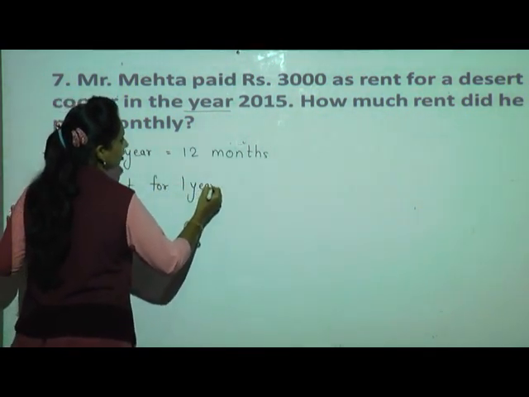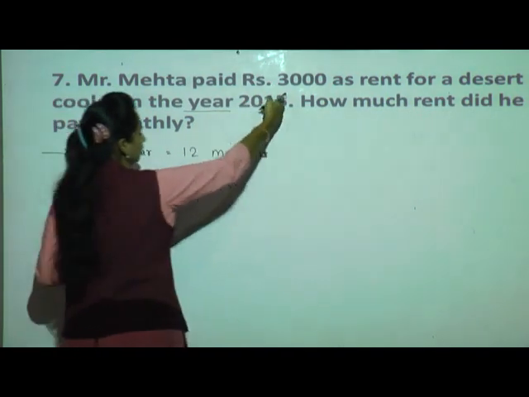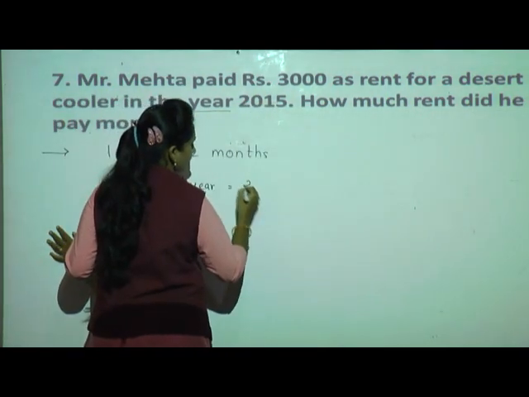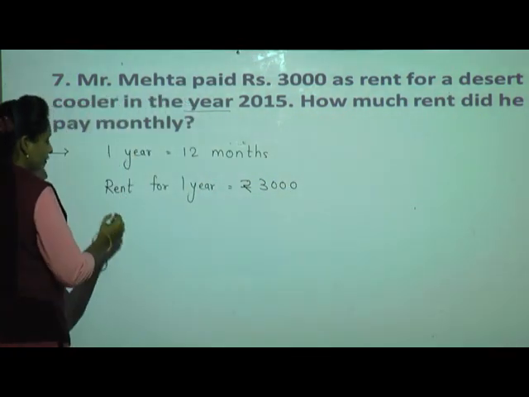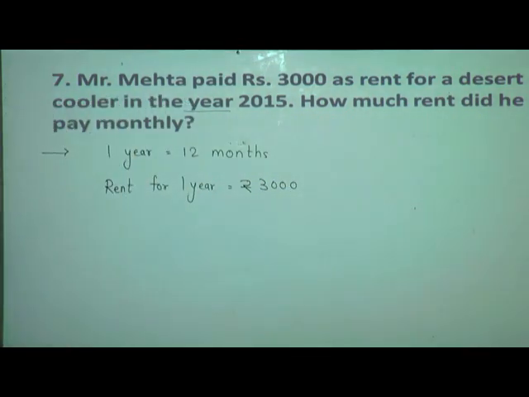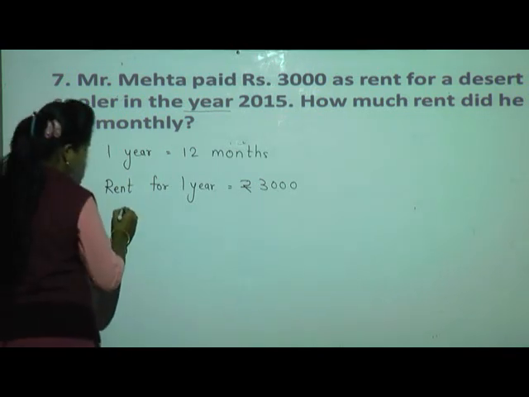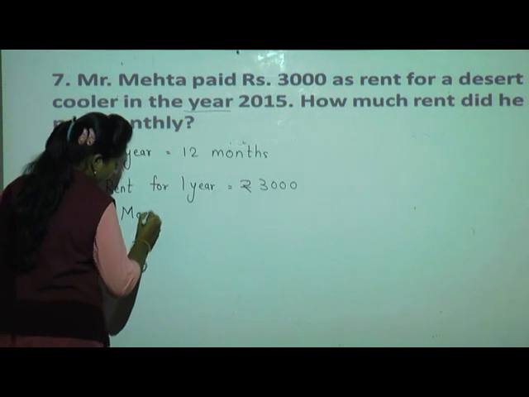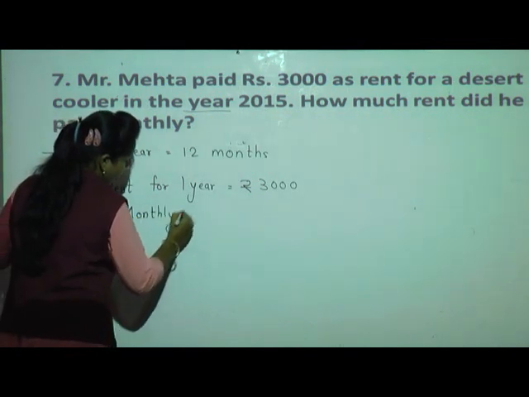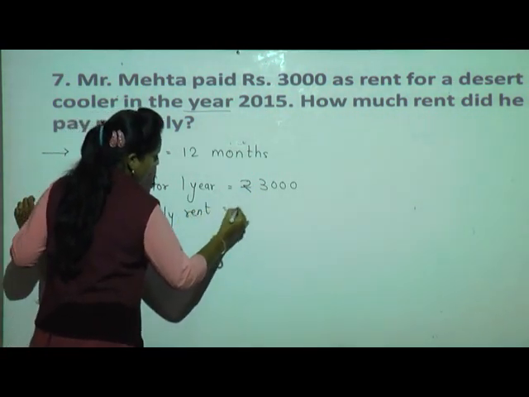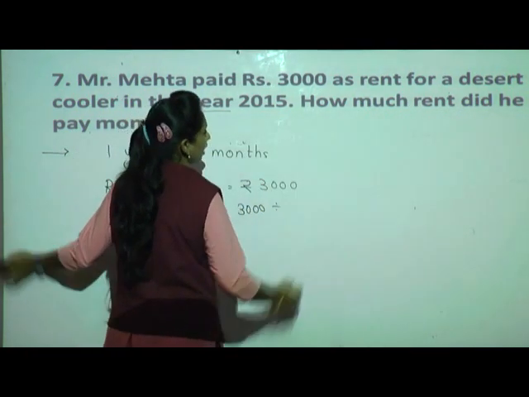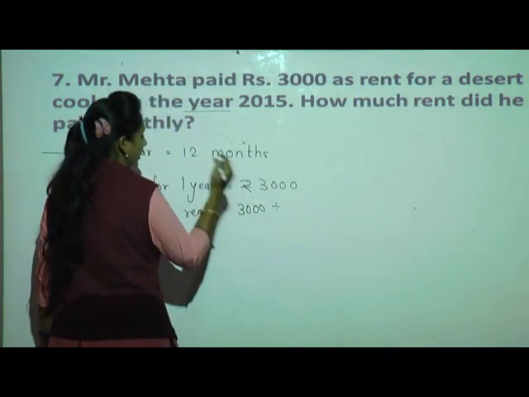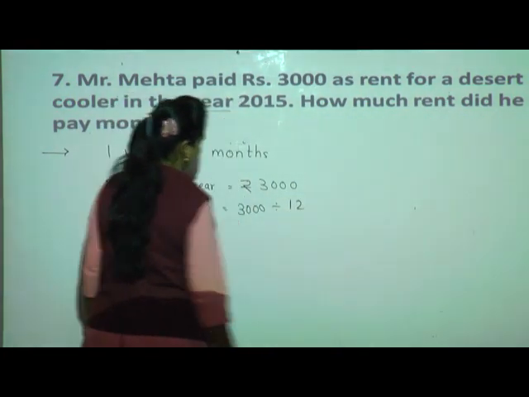How much he paid in 1 year? 3000 rupees. Now we have to find out, what we have to find out? Monthly rent, correct? Monthly rent is equals to what you will do? 3000 divided by how many months? 12. So write here 12.